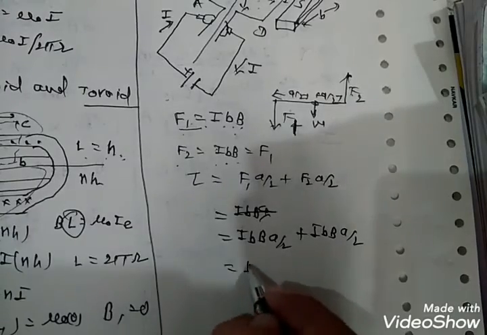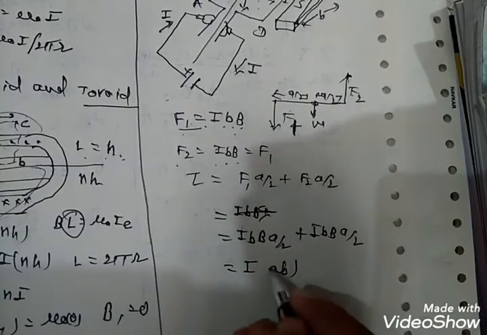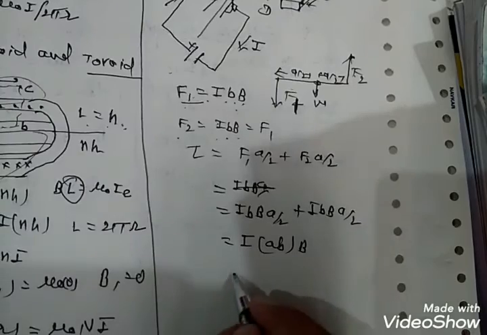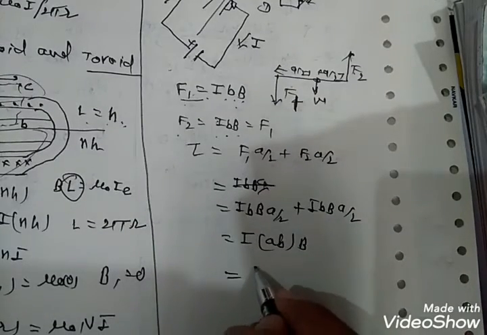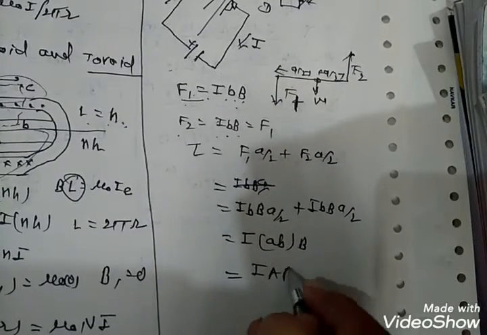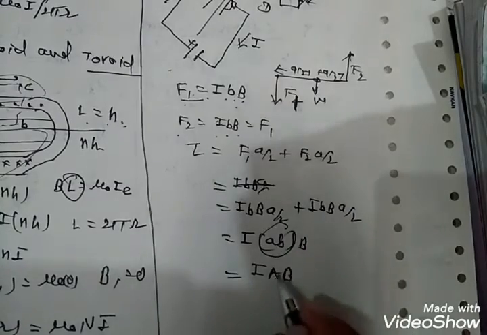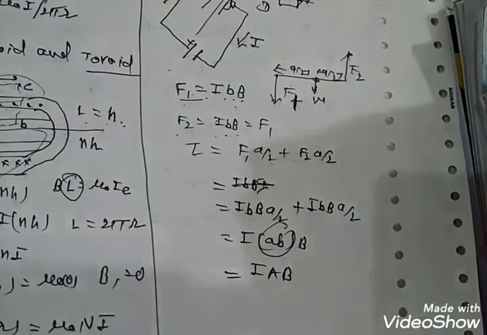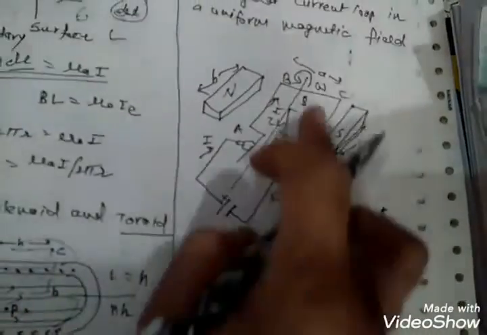Here F1 is I b B, so tau is I b B times A by 2 plus I b B times A by 2, which is I A b into B, so tau is equal to I A B. Here capital A equals a times b, the area of this rectangle.